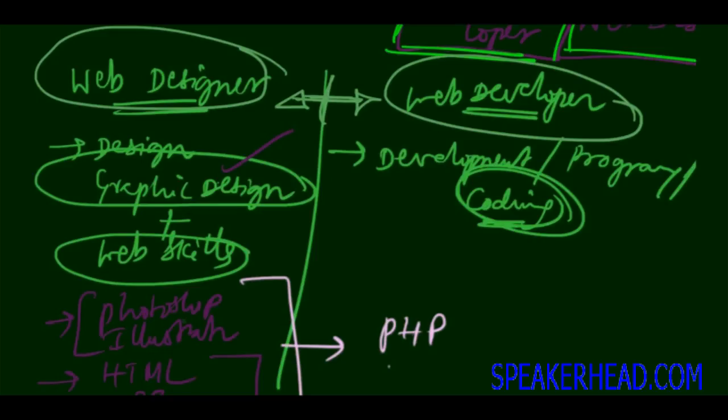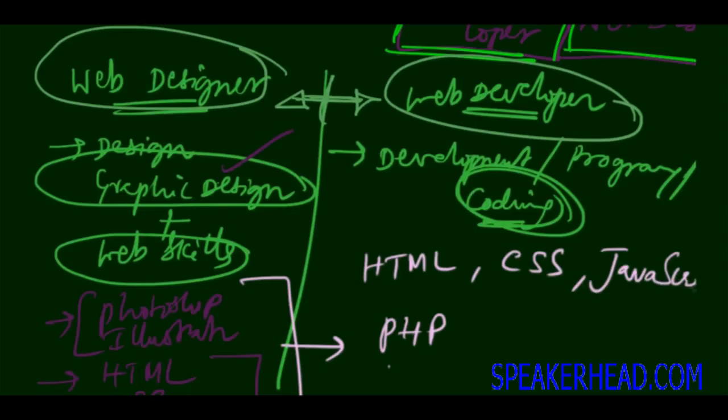Even web developers sometimes need to know HTML, CSS, JavaScript. If you are a 100% web developer, you don't need graphic designing skills, but you need to know HTML, CSS, JavaScript.